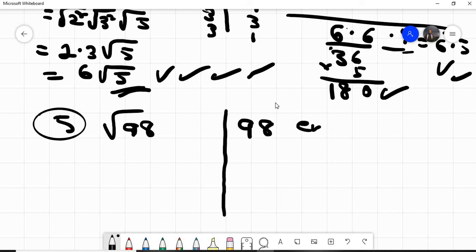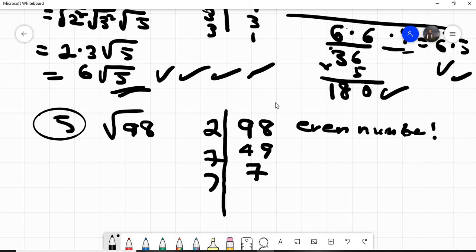Since it's an even number, we're going to divide by 2. 9 divided by 2 is going to be 4, with 1 left, 18, 9. It's going to be 49, because 49 times 2 is 98, and now we cannot divide by 2 anymore. We know 49 comes from 7 times 7, so we divide by 7. This one is going to be 7, and then we divide by 7 again. It's going to be 1.